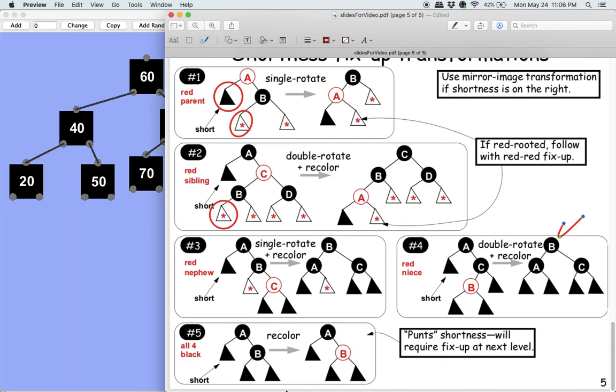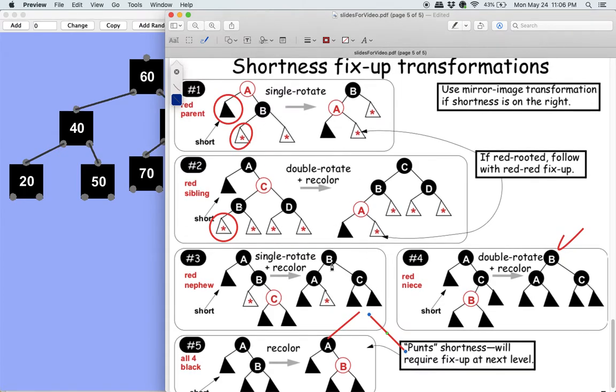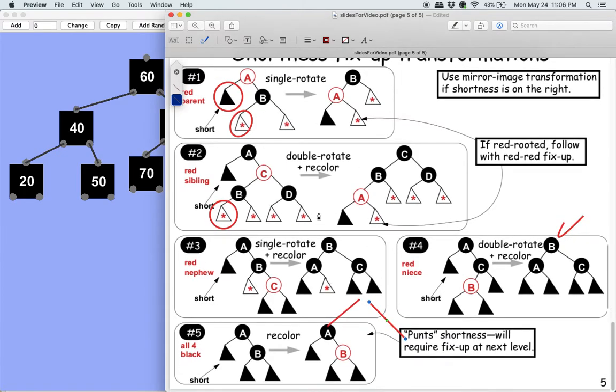So I'm going to balance this, but I'm going to balance it by making the entire tree one less than I want, which means there'll be an imbalance problem up at the next level, and I will have to go through this same set of transformations and apply the appropriate one at the next level.